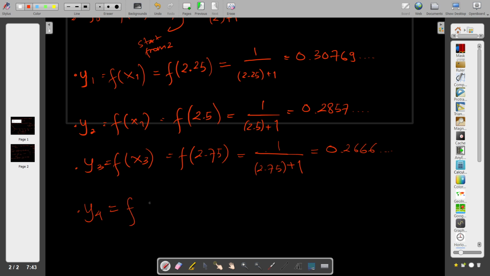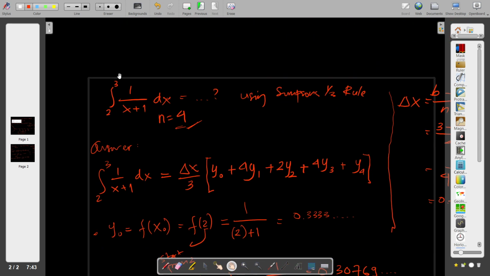Y4, f(x4). This is our final x, so we don't have to calculate y5 because we don't need it. So this must be f(3), and you can see 3 is our final range, and also our b is 3.